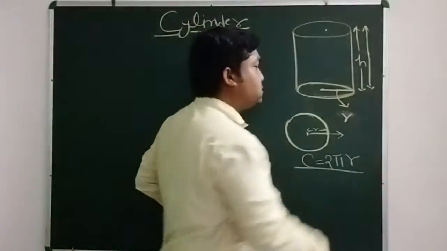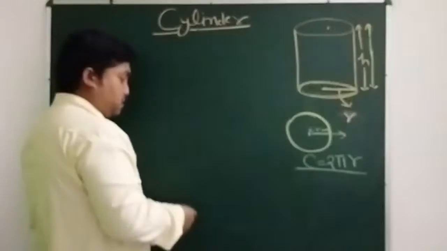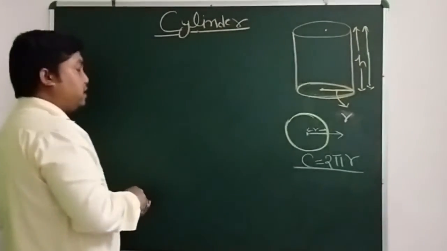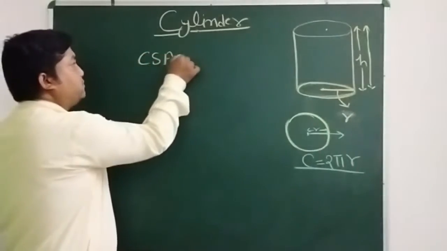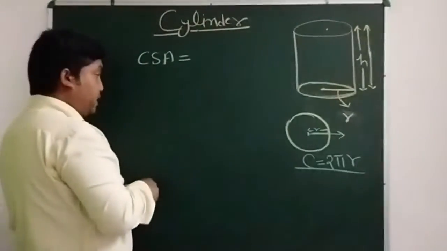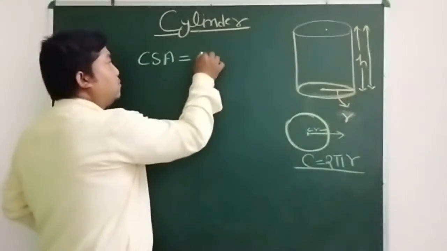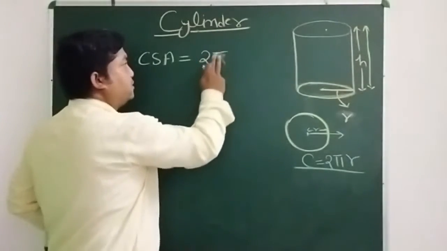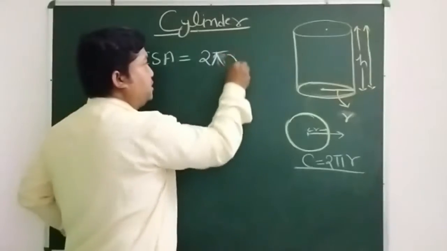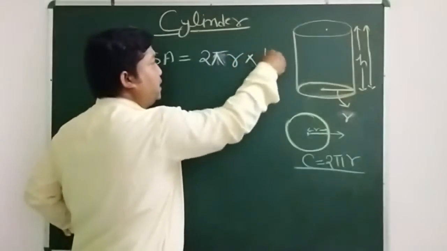If we multiply the circumference by the height, then we find the curved surface area of the cylinder. So CSA of cylinder, curved surface area of cylinder, what is that? 2 pi r means circumference, circumference of cylinder into height.